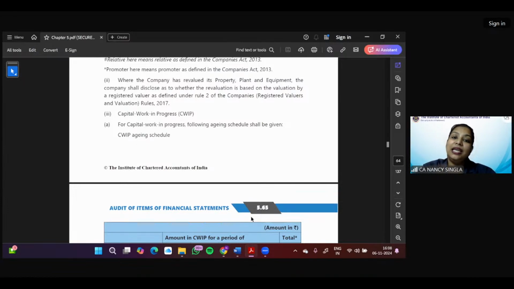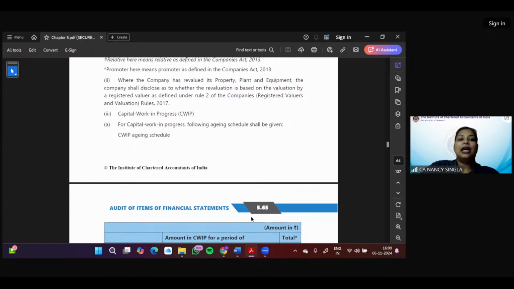See, here the responsibility is on the company. The company will write that we have got the PPE revalued on the basis of revaluation done by, let's say, XYZ valuer who is registered as per Rule 2. And if the valuer is not registered, then that fact is also to be mentioned. Simple.